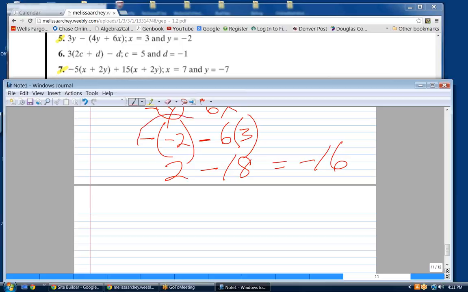Notice that this was a negative 2, which turned it into a positive 2. All right. Now, let's just, for the heck of it, go back to the unsimplified equation and substitute and see if it makes any difference to you. You may find it easier doing it this way.